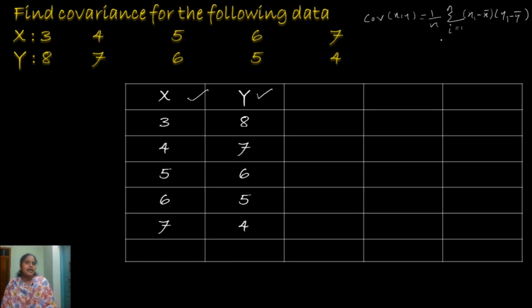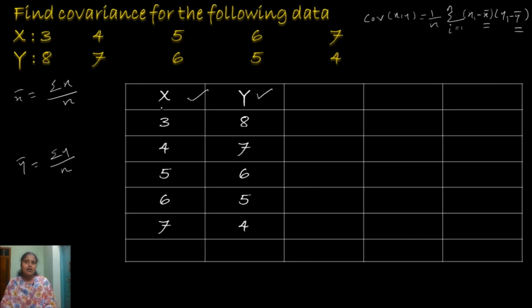Now, I have to first find out the values of x bar and y bar. For that, I make use of the formula: x bar is obtained by dividing the sum of all values of x by n, and y bar is obtained by dividing the sum of all values of y by n.